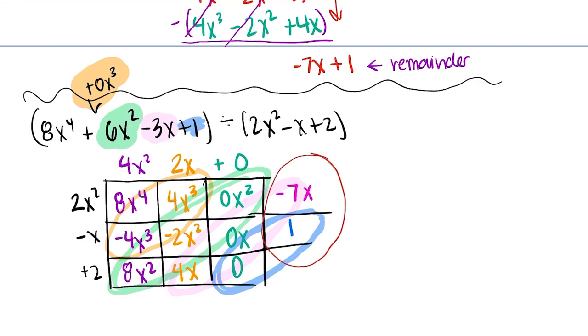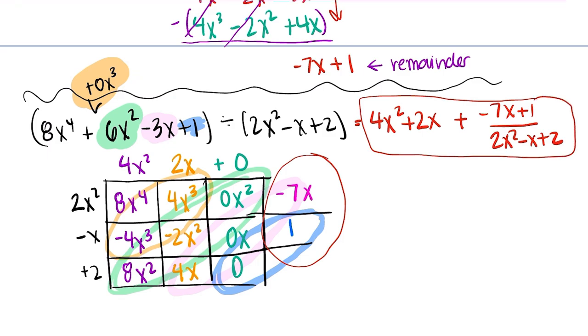So when I write this out, if I wanted to say, what's the answer to the division? The answer to the division would be 4x squared plus 2x plus 0, plus negative 7x plus 1 divided by 2x squared minus x plus 2.